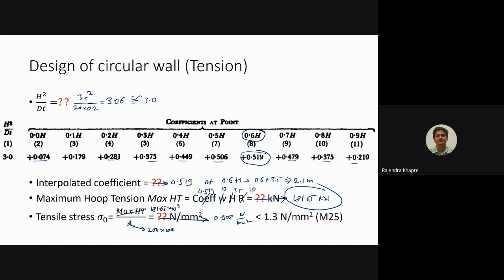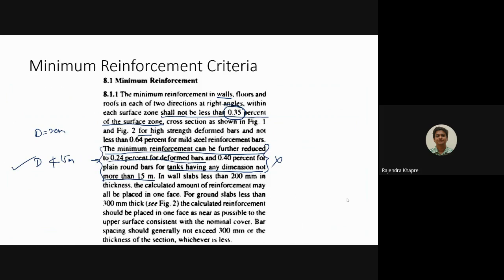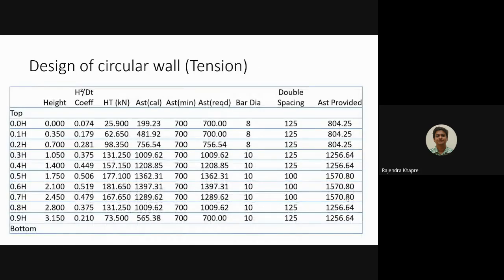So we cannot provide this hoop tension reinforcement throughout the height of the wall, because this will be highly uneconomical. So usually what is done is, the coefficients which are there, this h square by dt value is 3, and the corresponding coefficients are shown in this vertical column. We are going to calculate the hoop tension at every level.